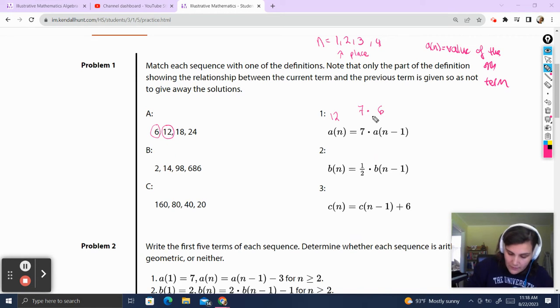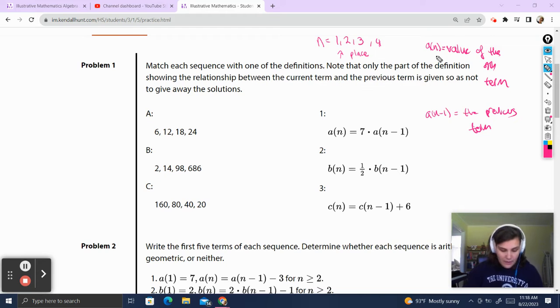Does 12 equal 7 times 6? Nope. So we know 1 and a don't match. So let's do another one. The more practice you get. So a of n minus 1 is equal to the previous term, the term that comes behind whatever nth term we're thinking of.